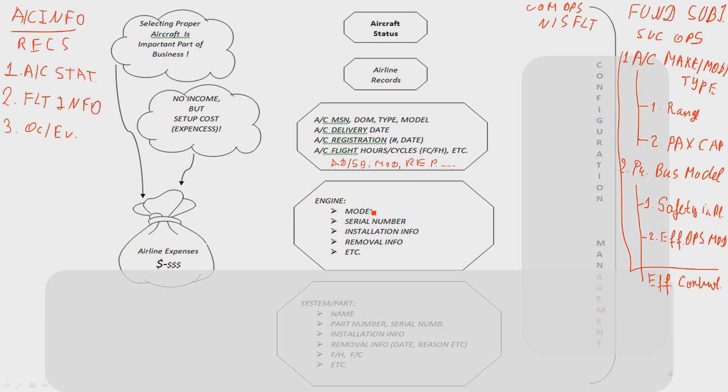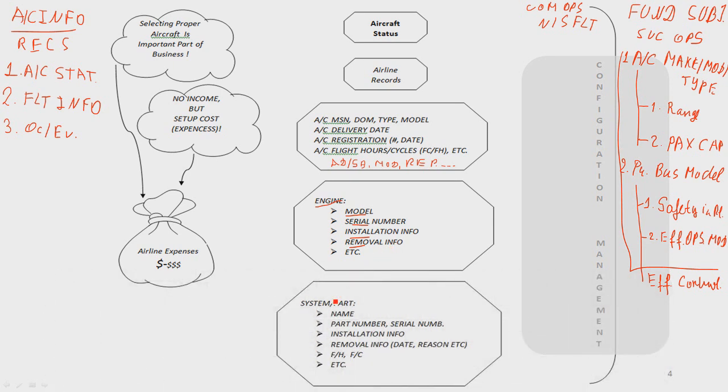Exactly the same story for the engines. We need to know the engine model, serial number, installation information, when it was installed, removal information, when it was removed, overhaul, repairs, etc. And the same thing applies to systems and parts: name, part number, serial number, installation information, removal information, part flight hours or flight cycles.